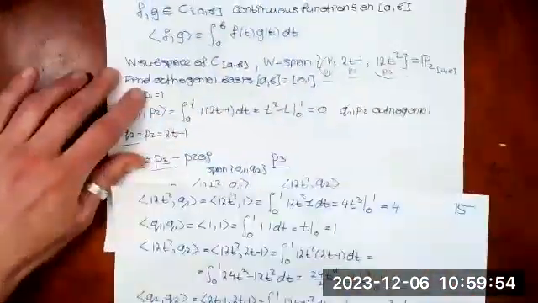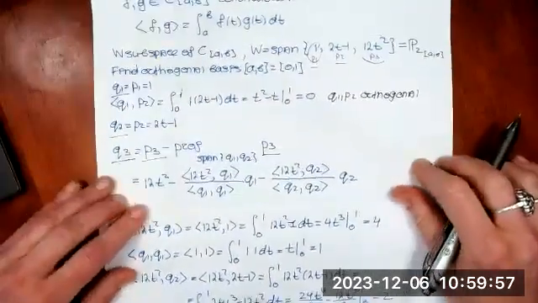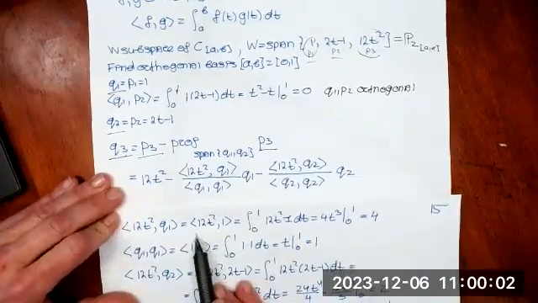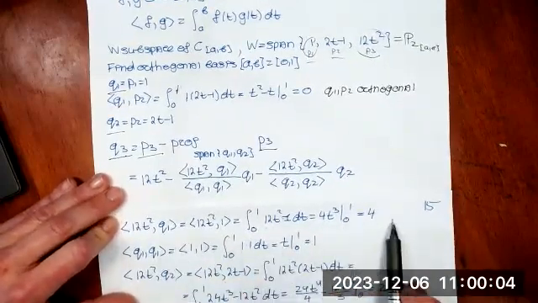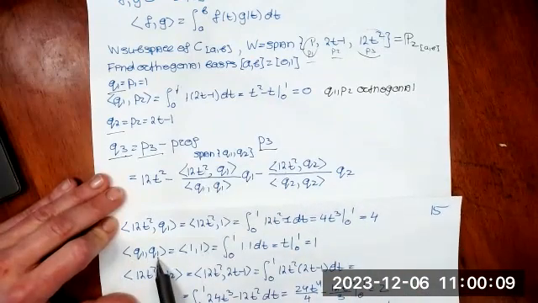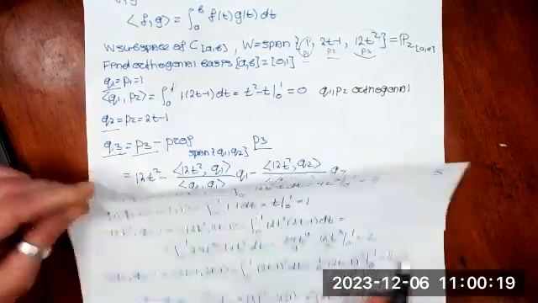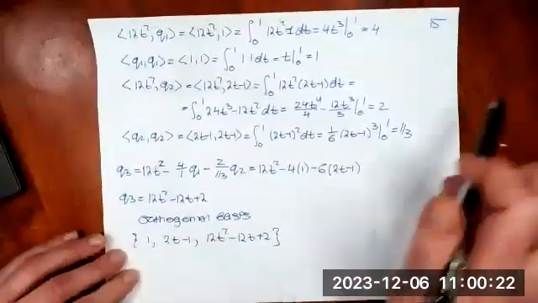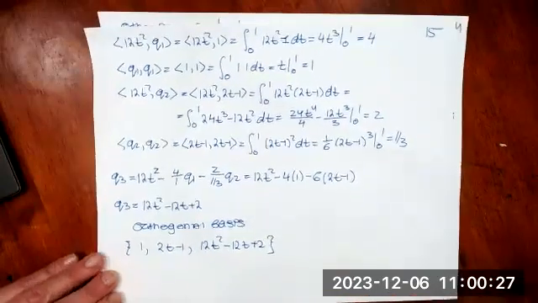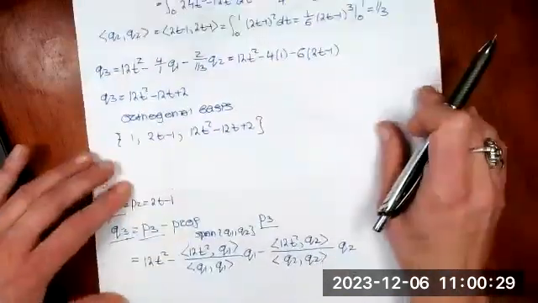So when you compute all of those quantities here, your 12t squared with Q1, the inner product is defined in terms of integrals. I have to compute the integral. This guy will be 4. The inner product of Q1 with Q1 is the integral from 0 to 1 of 1 times 1, which equals 1. So this will be 1, and so on. Basically you're computing the other inner products, and then you plug everything into your Q3.